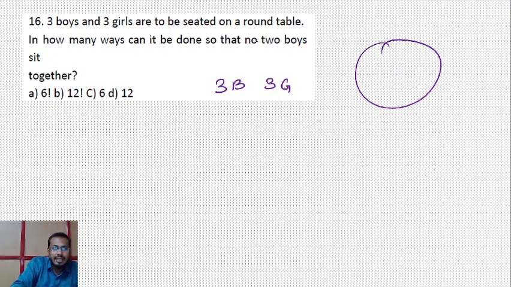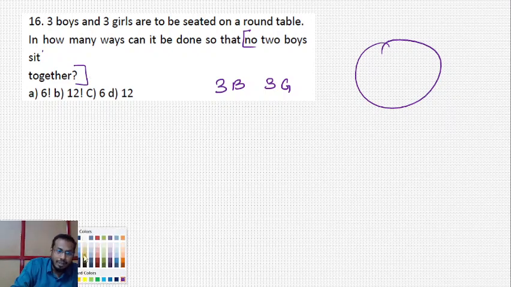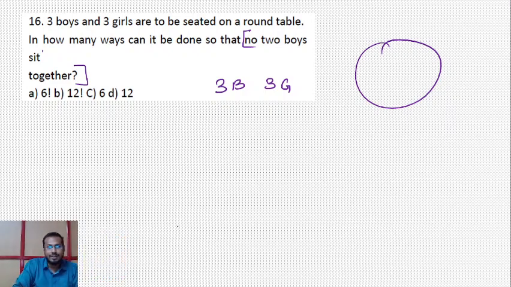If they are speaking about no 2 boys together, we are going to seat the girls first, because they want boys to not sit together, not girls. So first seat the girls. How many girls are there? 3 girls. If 3 girls are going to sit, let's put 3 chairs.